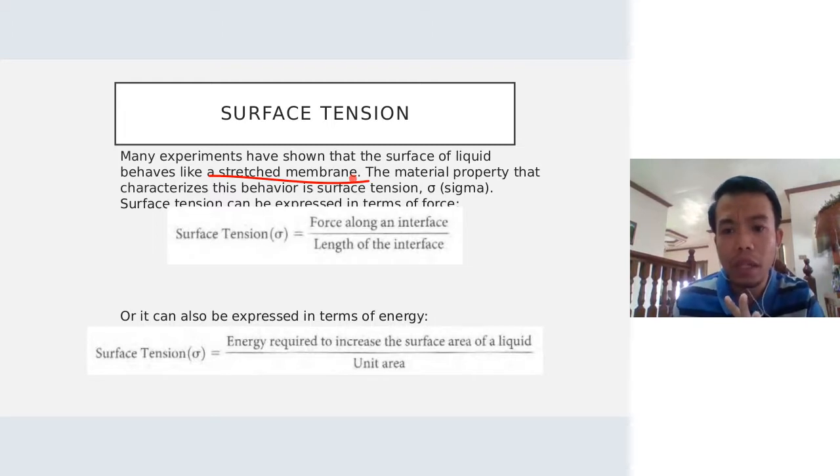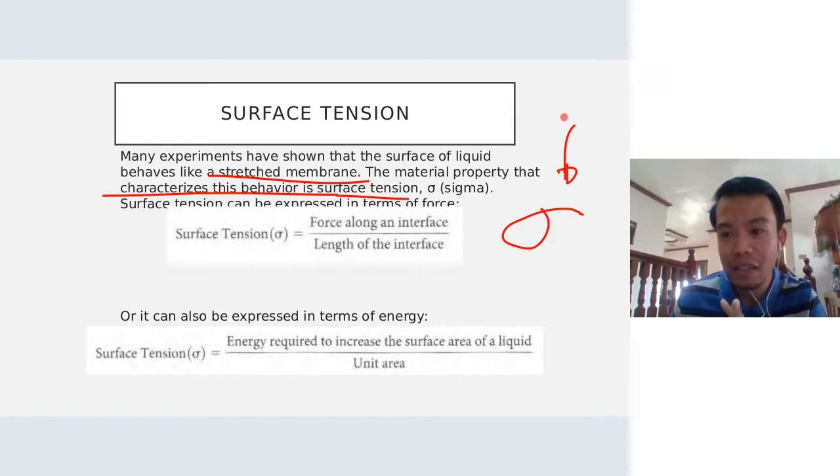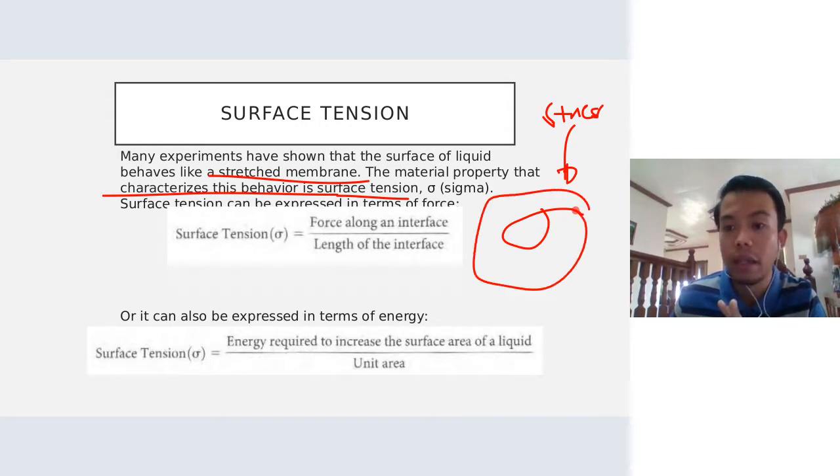The material property that characterizes this behavior is surface tension, which is represented by the symbol sigma. It's just like stress, no? Pag sinabi nating stress, ang symbol niya is sigma. So same din with tension, okay? Surface tension, so, sigma yung gagamitin natin.